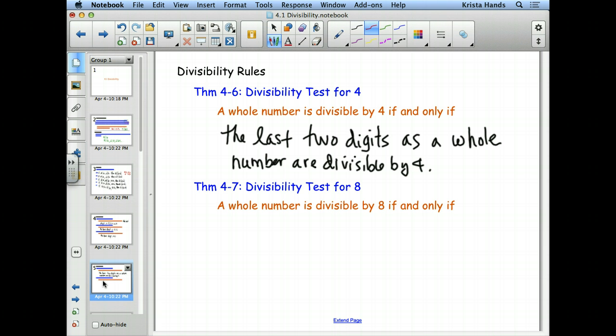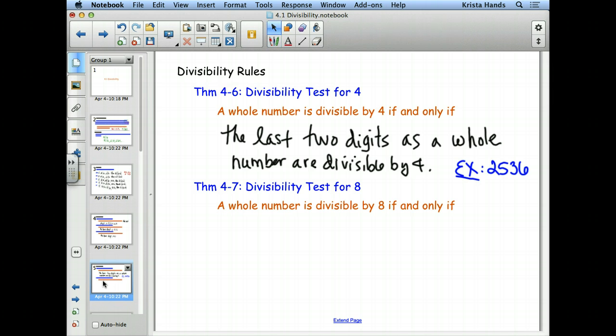I will give you an example so you can actually see how this works. Let me use something besides 32 at the beginning. How about 2536?